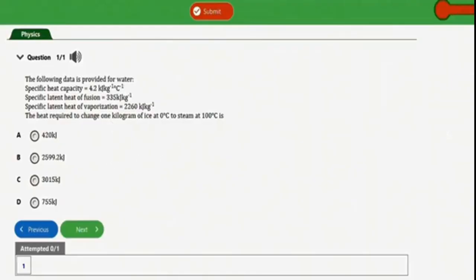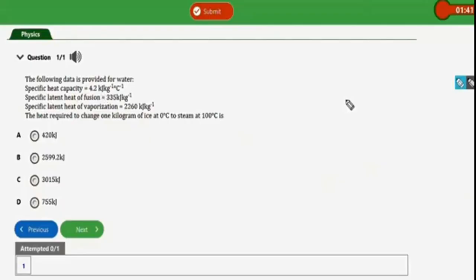Alright, so for this question, we're going to begin by getting the heat to melt 1 kilogram of ice at 0 degrees Celsius. So basically, we are starting with the specific latent heat of fusion.